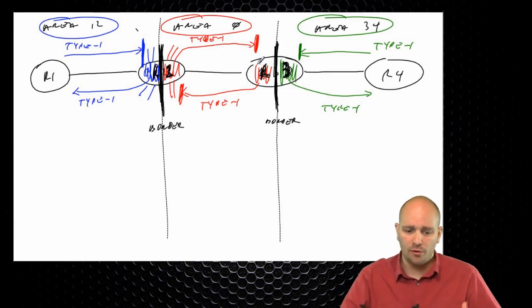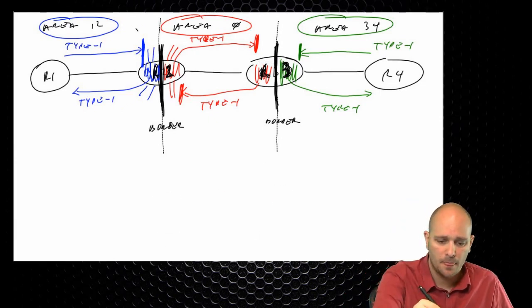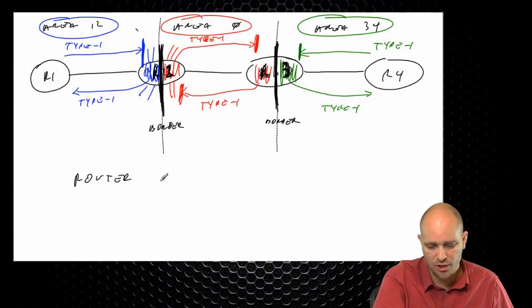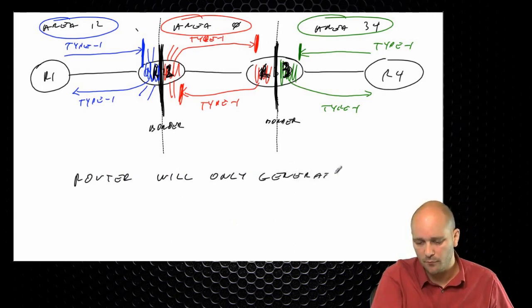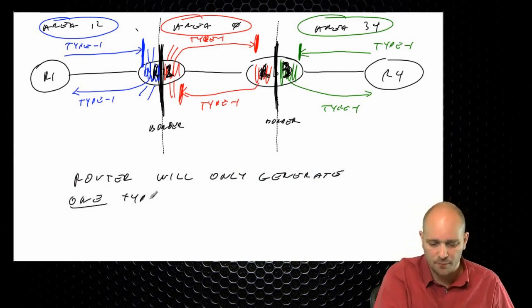Now, one more thing that might be misleading here is that a router will only generate one type 1 LSA per area.